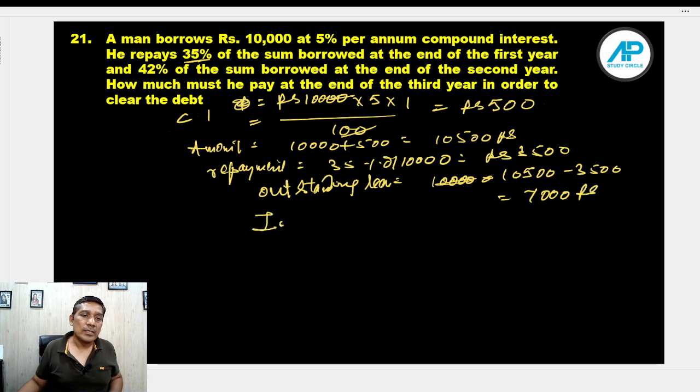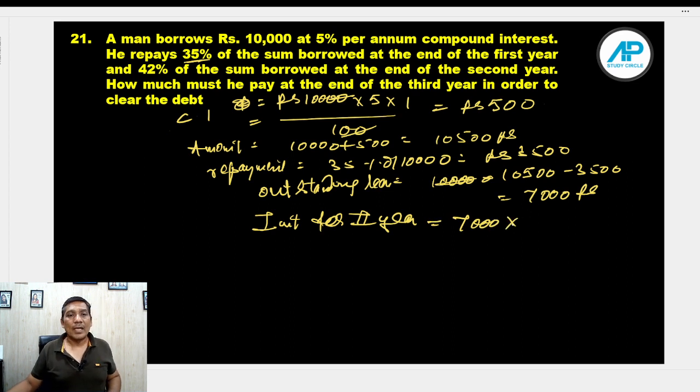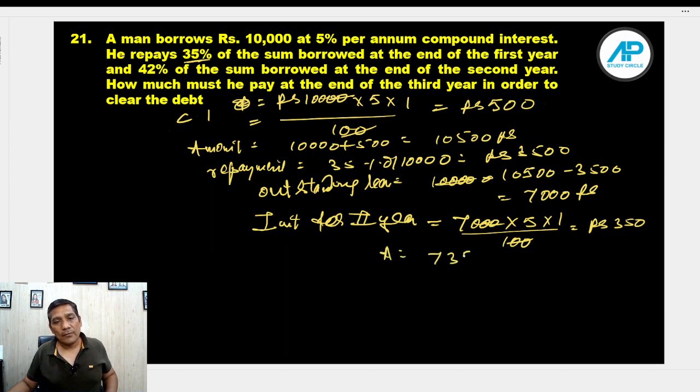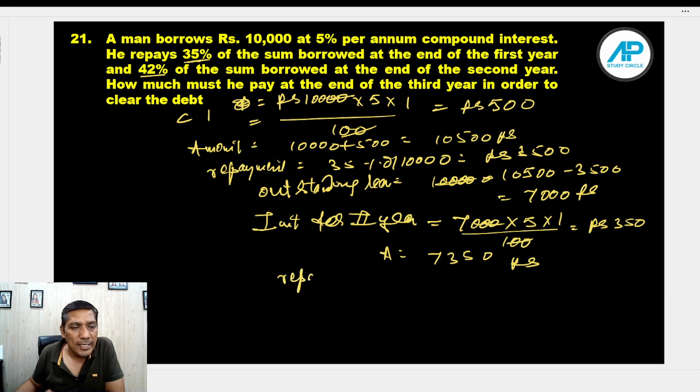Now find the interest for the second year. 7,000 into 5 into 1 upon 100, rupees 350. Find the amount, that is 7,350 rupees. What is being repaid? It's paying back 42%. So the repayment is changing.